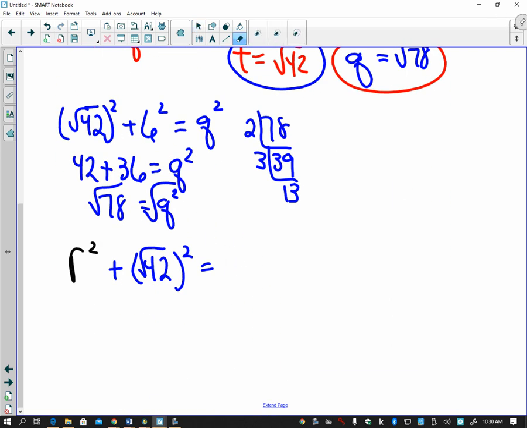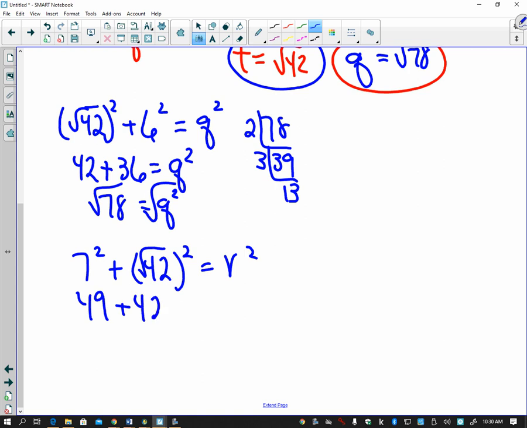So we got 7 squared plus square root of 42 squared equals R squared. So we've got 49 plus 42 equals R squared. 49 plus 42, 91, okay? 91 just sounds like a prime number to me, okay? So I'm going to guess the R is square root of 91.